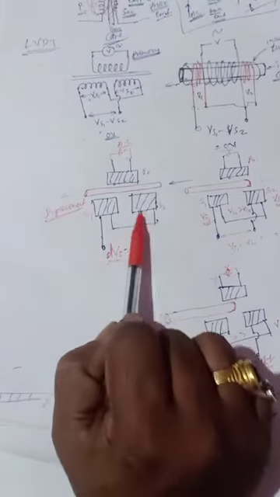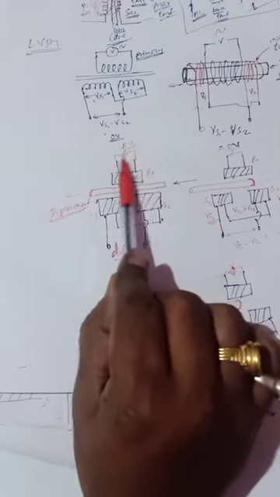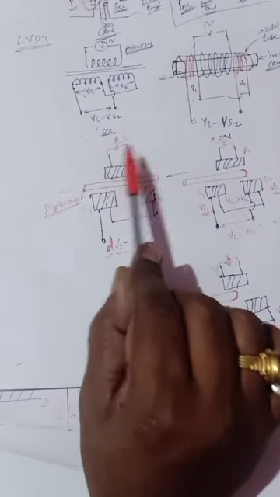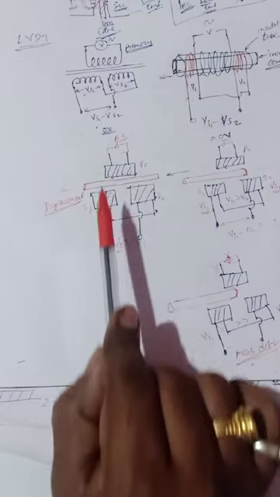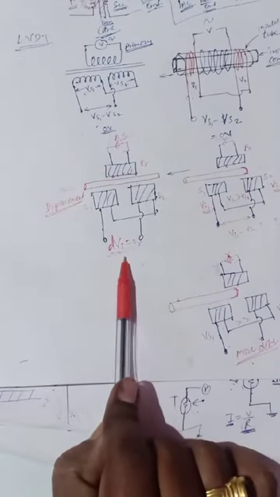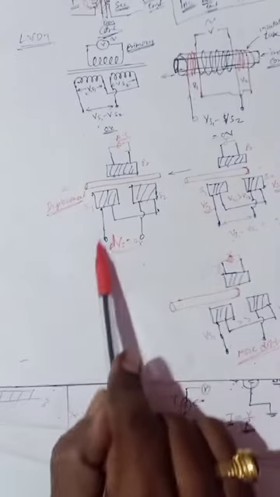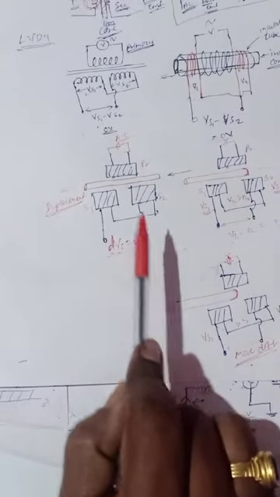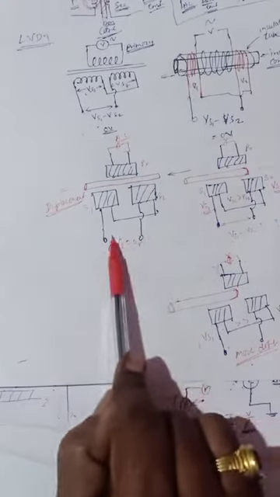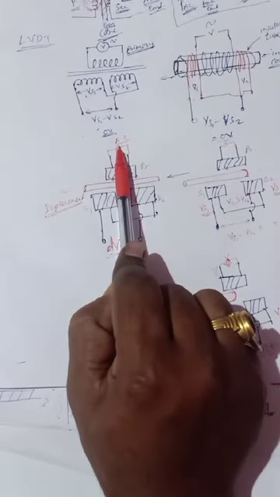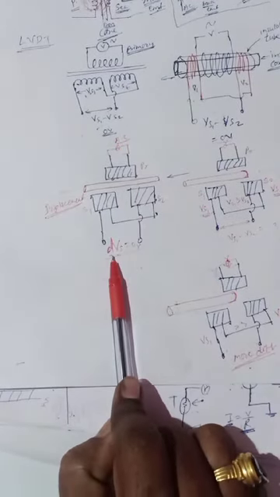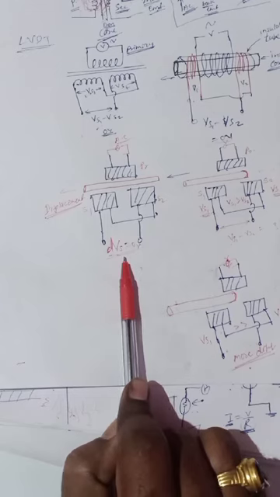It is a passive transducer, meaning we have to apply some external AC voltage or external voltage source so that it converts displacement into voltage. If there is no voltage and you move this rod, we don't get any voltage. So for this voltage you have to apply the primary voltage. That means it is a passive type transducer.